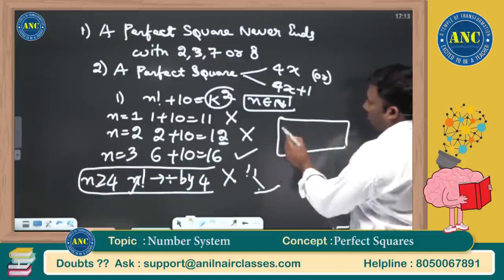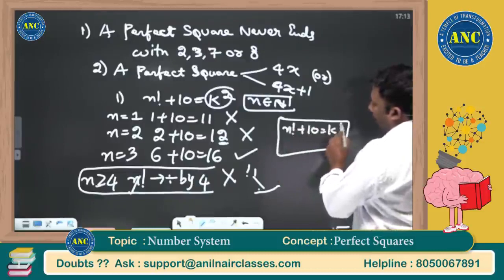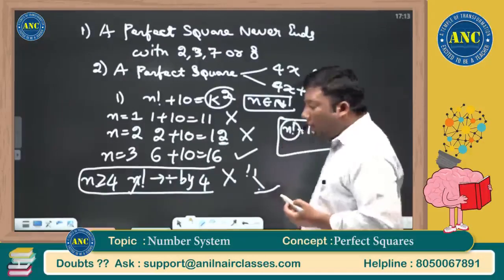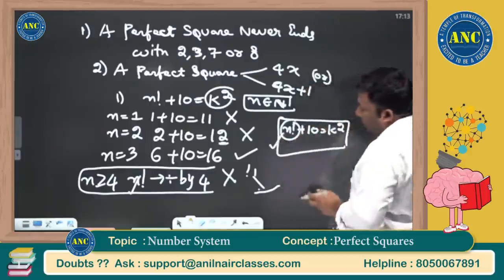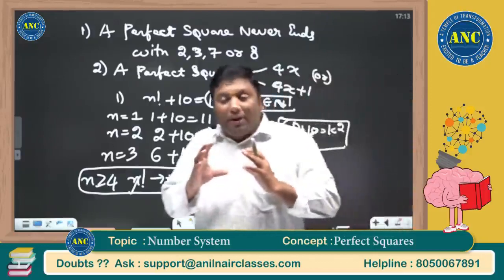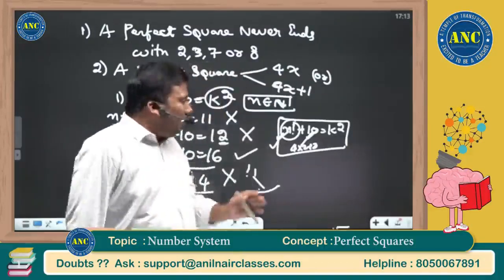Now listen carefully. n factorial plus 10 equivalent to k square. From 4 onwards, n factorial is divisible by 4, and 10 is nothing but 4 into 2 plus 2. n factorial is divisible by 4, and 10 gives a remainder 2.